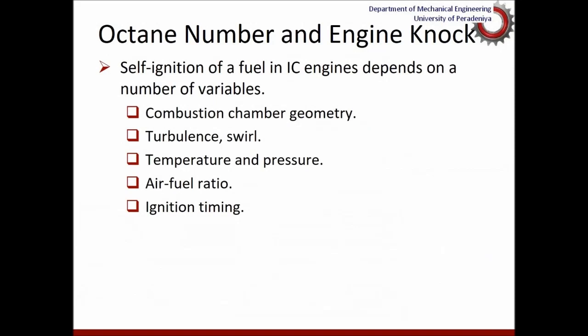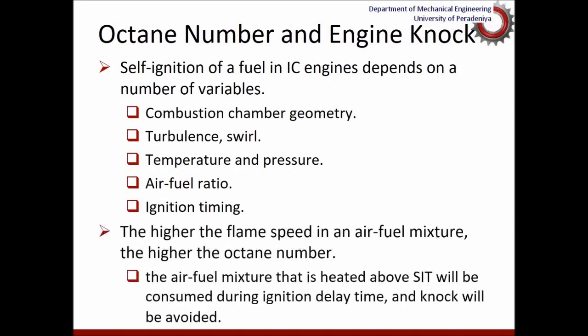And of course, in addition to the octane number, the self-ignition of the spark ignition combustion process in an engine depends on many other parameters also: the combustion chamber geometry, the turbulence swirl, temperature and pressure, air-fuel ratio, ignition timing, etc. And of course, the higher the flame speed, the quicker the flame grows and completely burns the mixture, so that it is less prone to auto ignition.